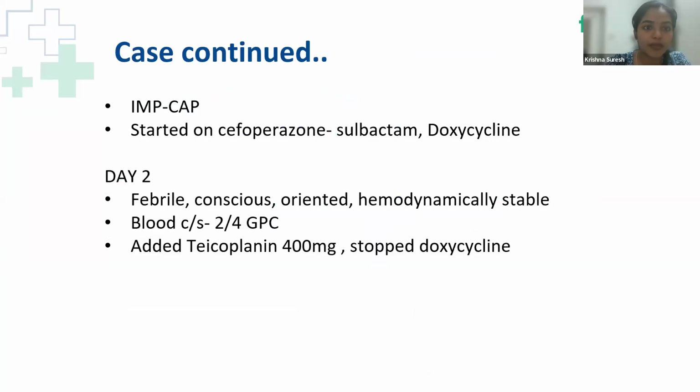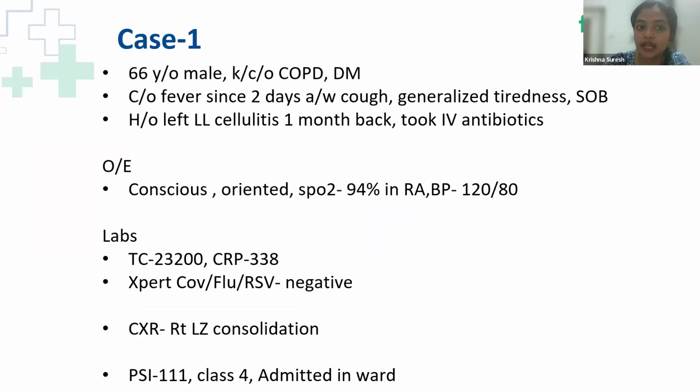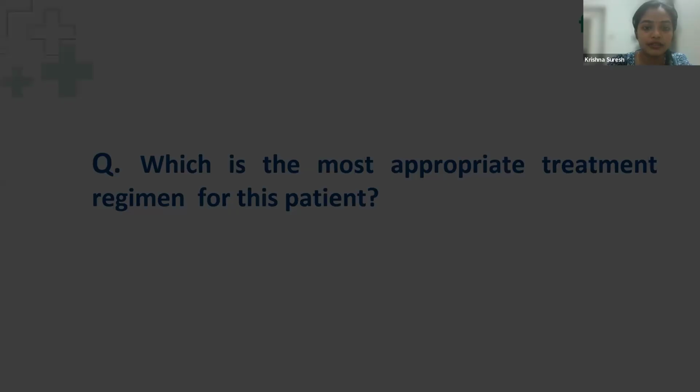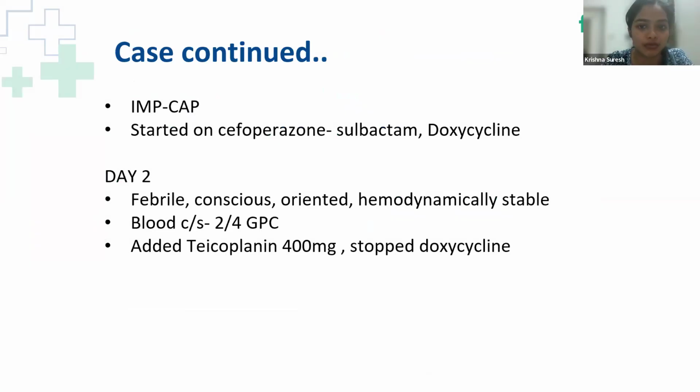So going back to our case, here our patient is a 66-year-old male who is a known case of COPD and DM, and also reports recent hospitalization with IV antibiotic use. So this is a clear indication for empirical therapy for MRSA as well as Pseudomonas aeruginosa, because there are risk factors for both.